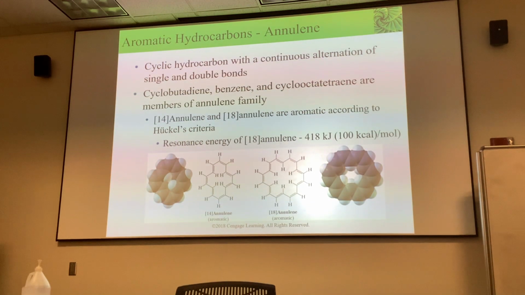Sorry, I was just trying to figure out if they were all aromatic. So, not all annulenes are aromatic, but all annulenes are this ring, and you've got continuous alternating single and double bonds. So, they're all at least fair game for the question, is it aromatic, anti-aromatic, or not aromatic?